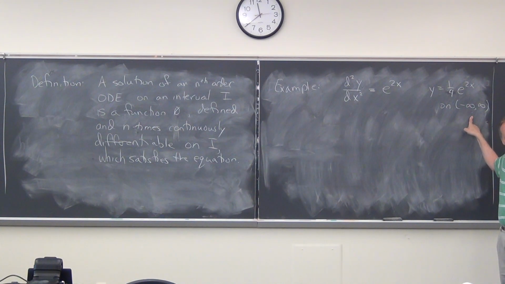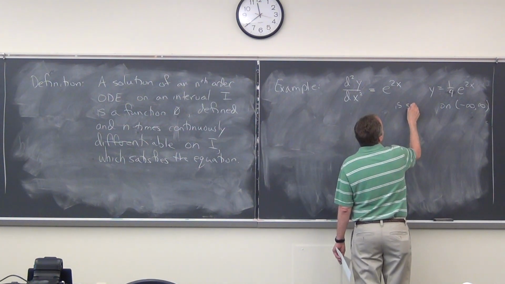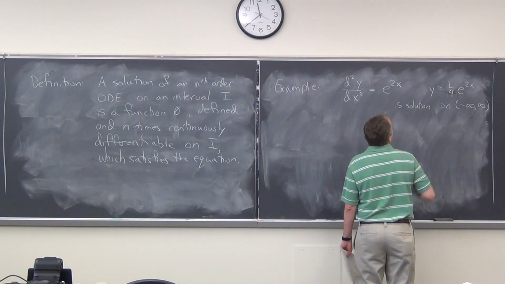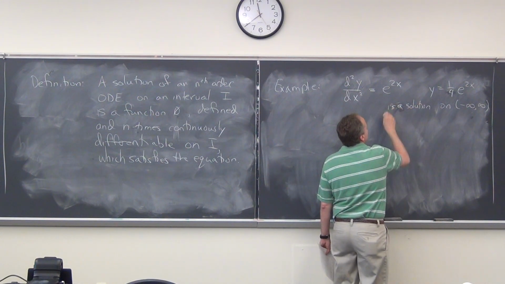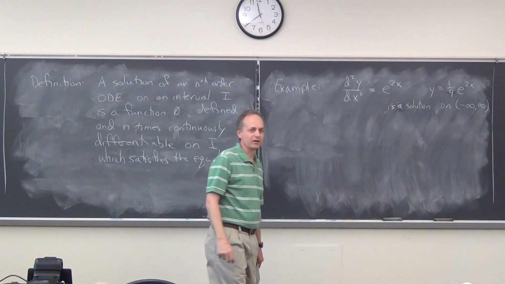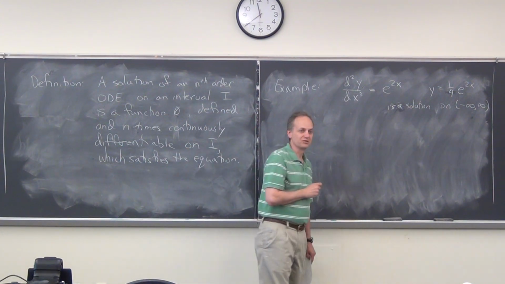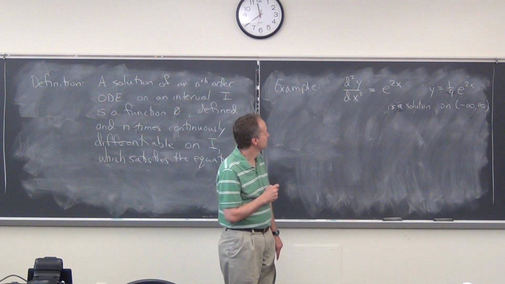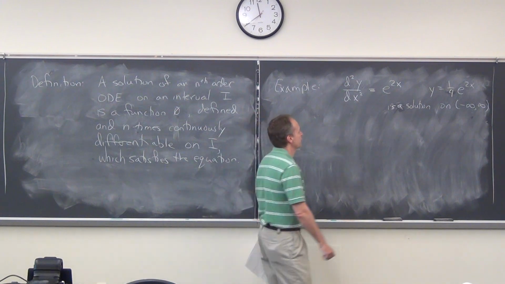I'm not saying it's the only solution, I'm saying it's a solution. That's my claim. And to verify that, it's just a matter of computing the first and second derivatives of that function and making sure that the second derivative simplifies to e to the 2x. So that's easy enough to check.